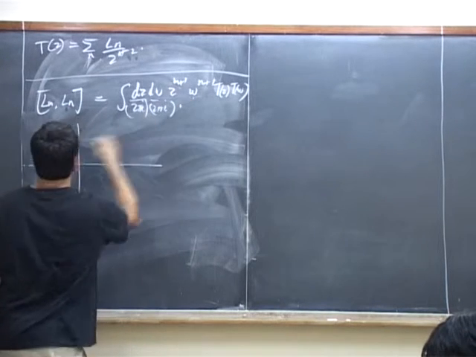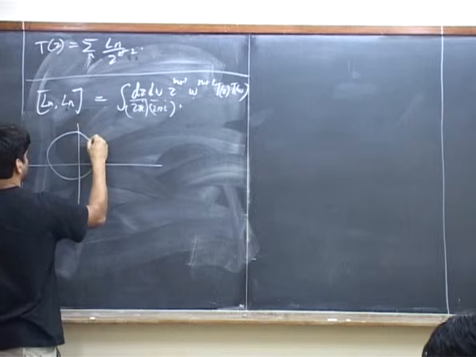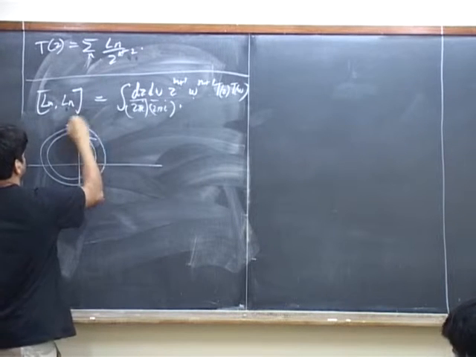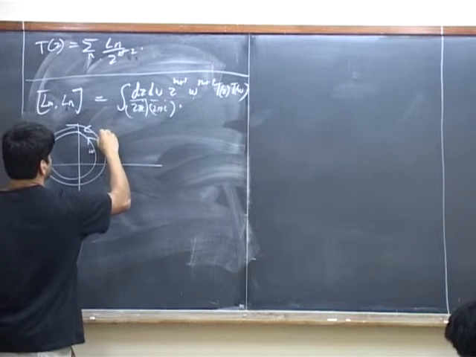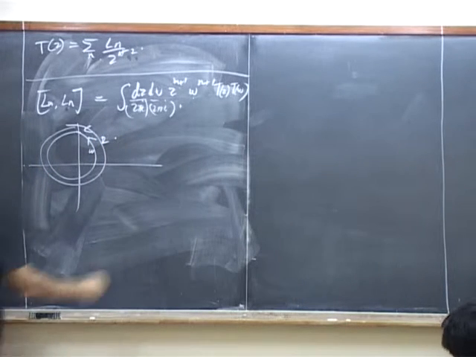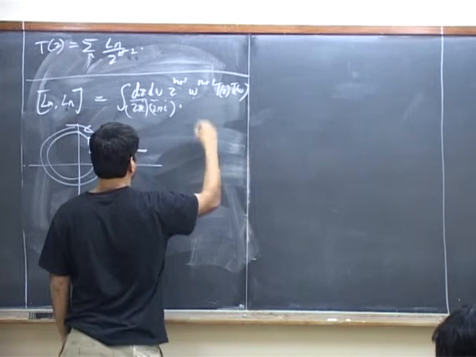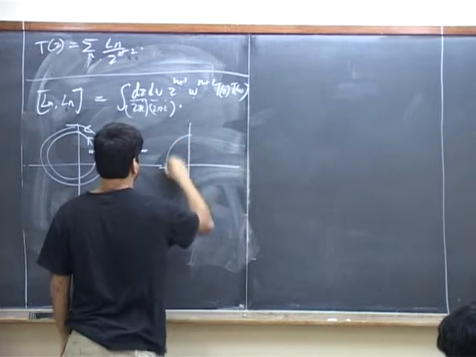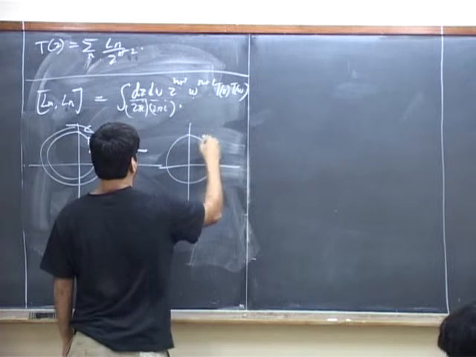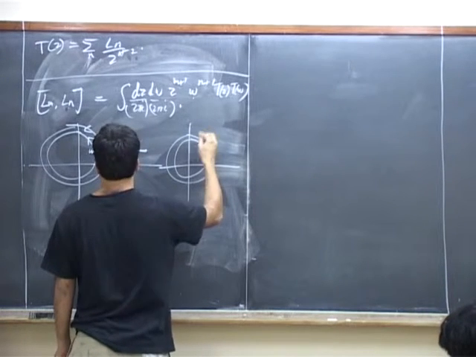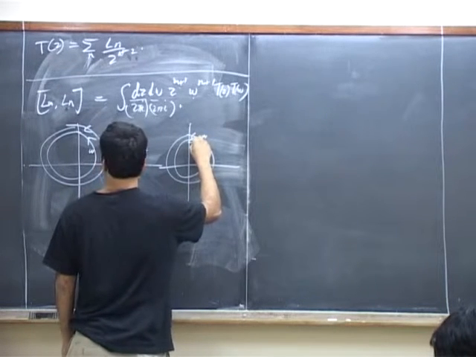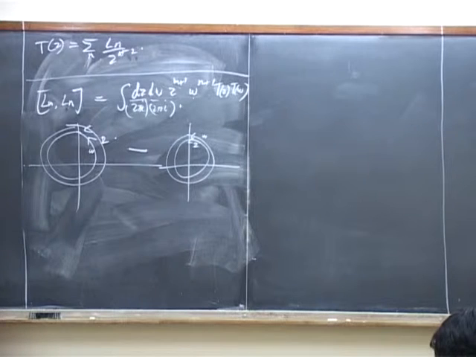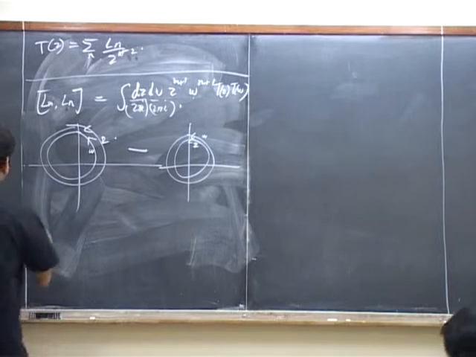So m was associated with w. So in the first term we had this being the w contour and this being the z contour, minus the second term, where the w contour, let's say, is unchanged, and it's the z contour that changes.